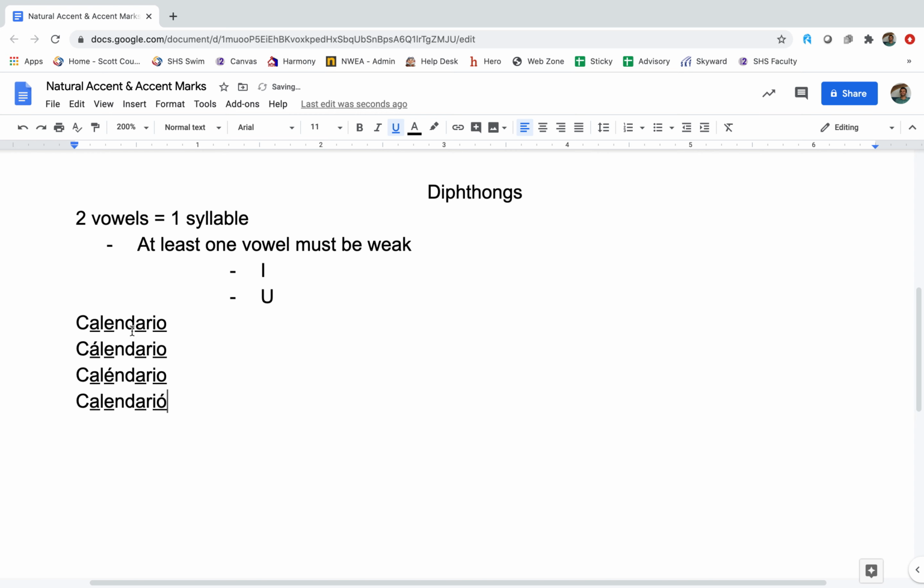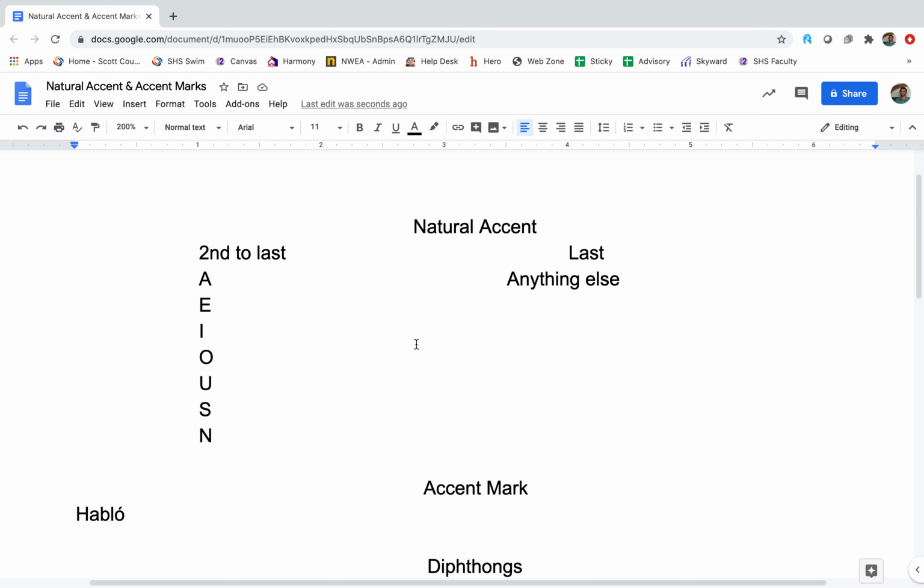All right, but we don't. This is just an example. The only one of these that is correct is this first one. This is just to show you how natural accent works and natural or accent marks. So calendario, the correct one, relies on the natural accent. Notice there's no accent marks, so we follow our natural accent rules.